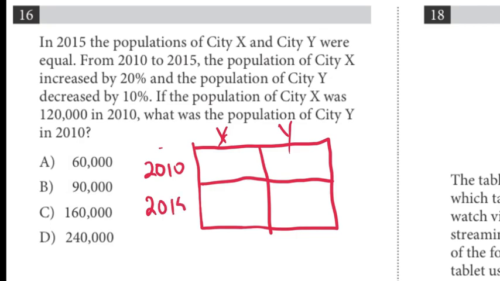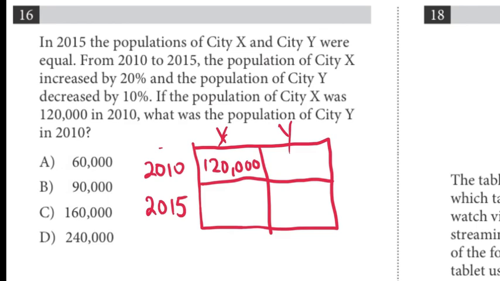So the only given piece of information from the story of the actual number is the city population of city X was 120,000 in 2010. So I'm going to put 120,000 in this box here.